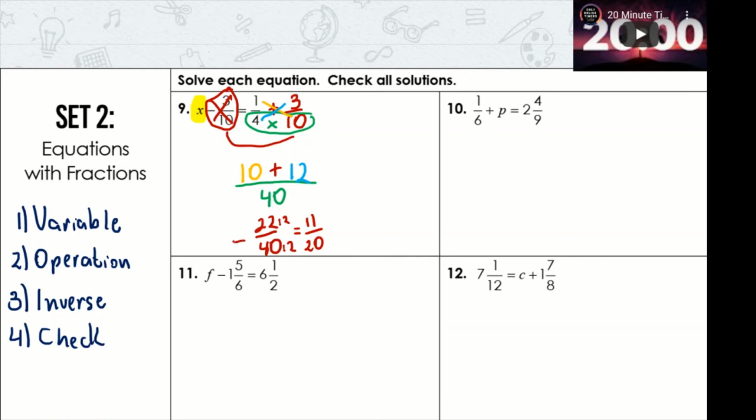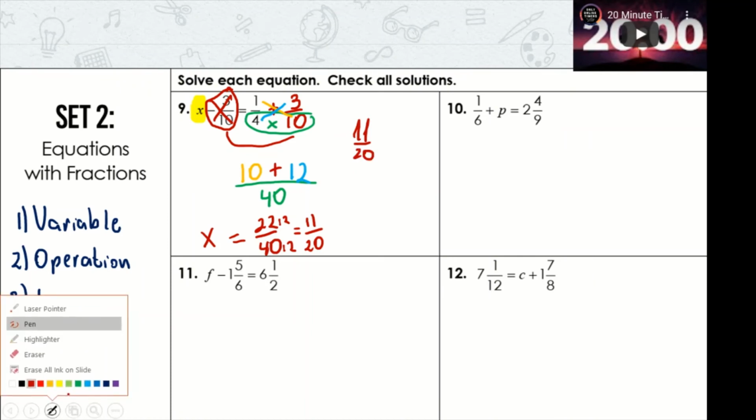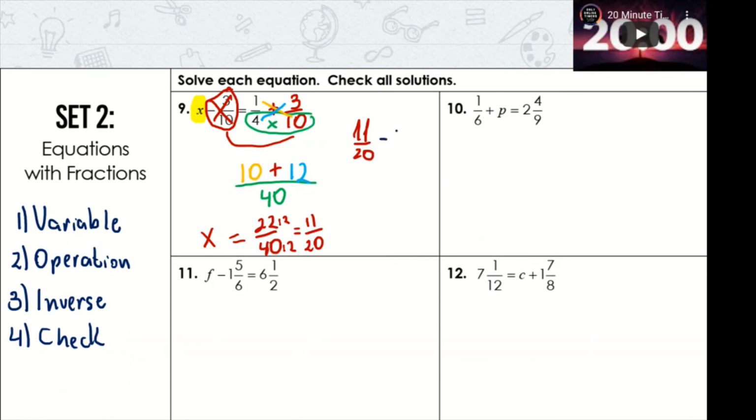Here's the value of x. Nice. Let's check right now. 11 over 20 minus 3 tenths is equal to 1/4.